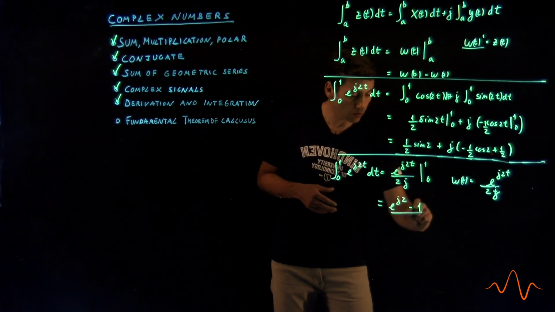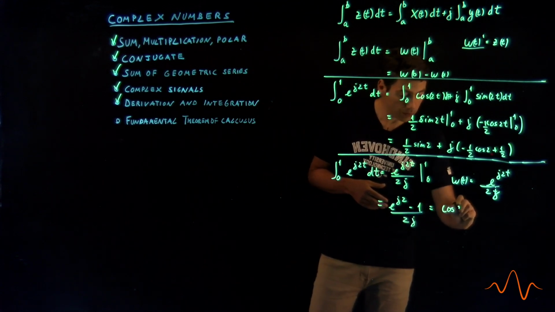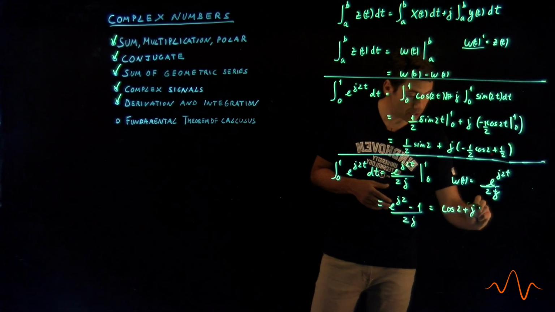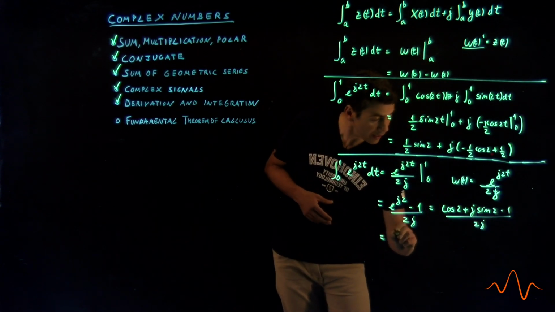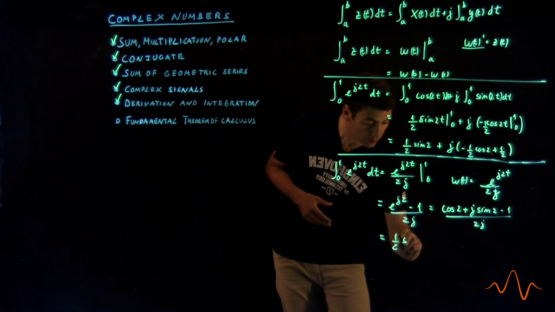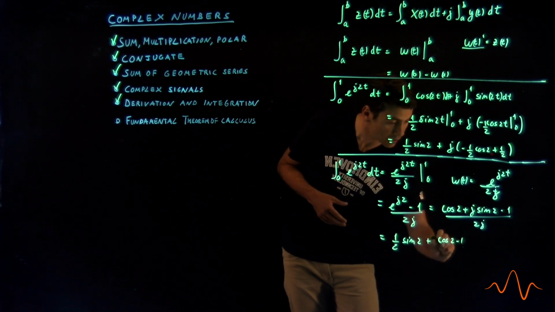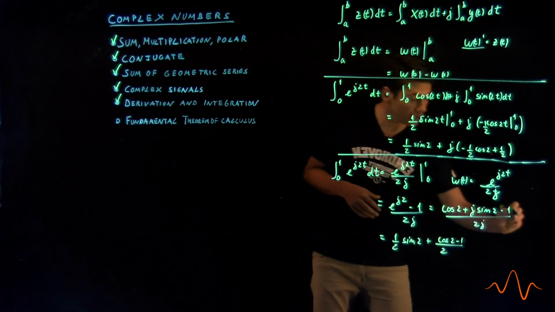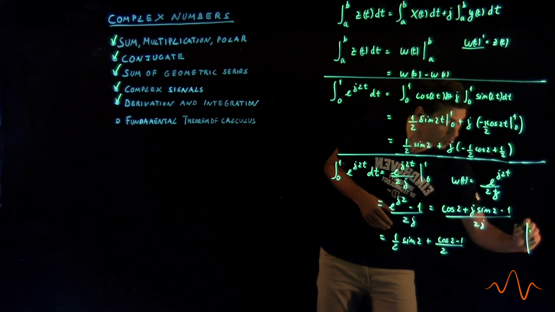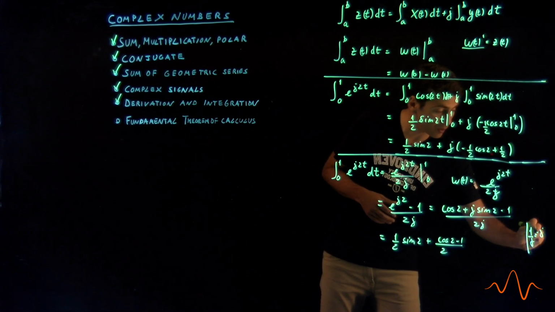minus 1 over 2j, which is cosine of 2 plus j sine of 2 minus 1 over 2j, which is nothing more than 1 over 2 sine of 2 plus cosine of 2 minus 1 over 2, and 1 over j, if I multiply and divide by j, I get j over minus 1, so it's minus j.